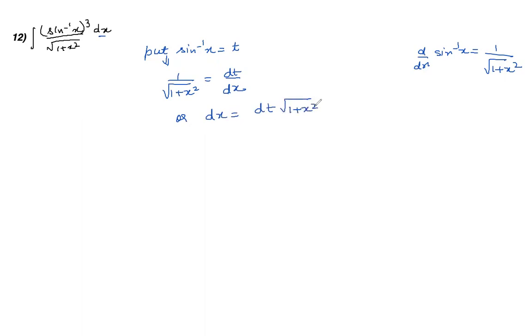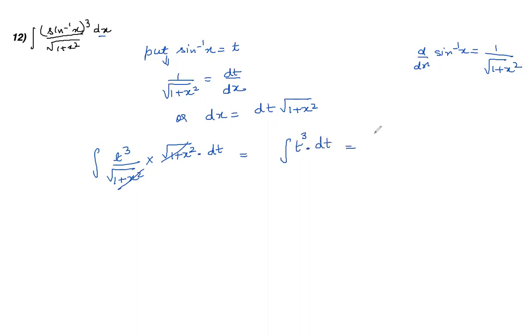Now I'll put the values in the question again. Sin inverse x I can keep as t cube, and under root 1 plus x square I'm keeping as it is. And the value of dx is equal to under root 1 plus x square into dt. So both the values will get deducted. Now I need to integrate t cube into dt.